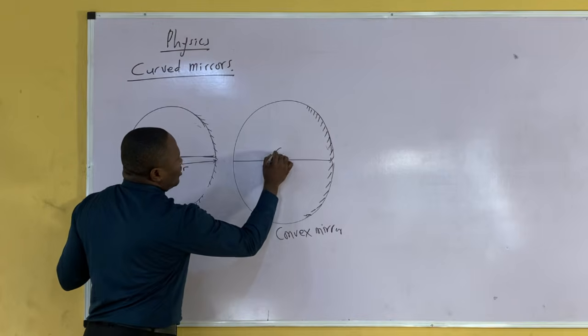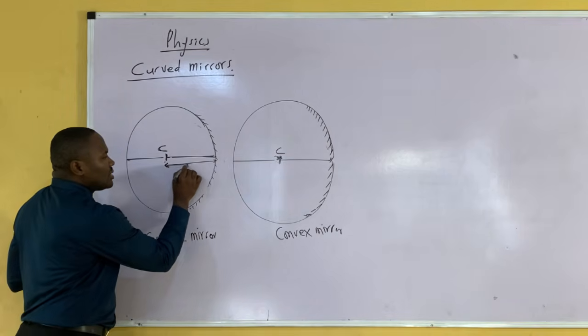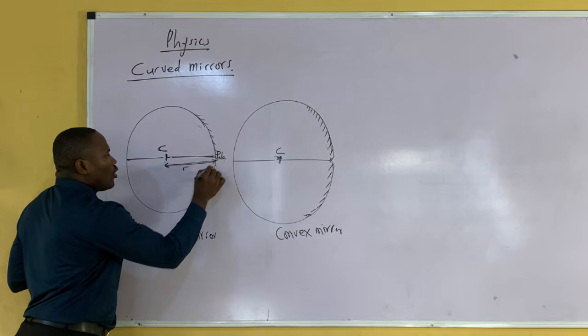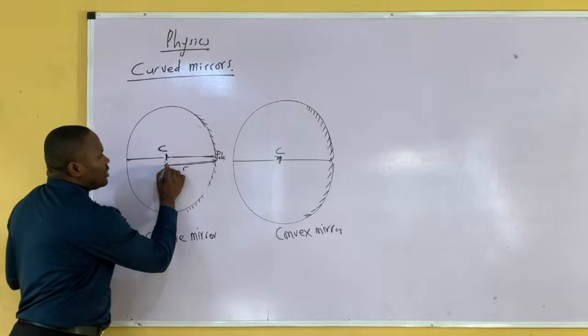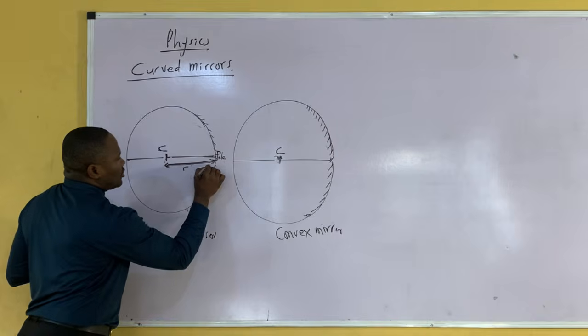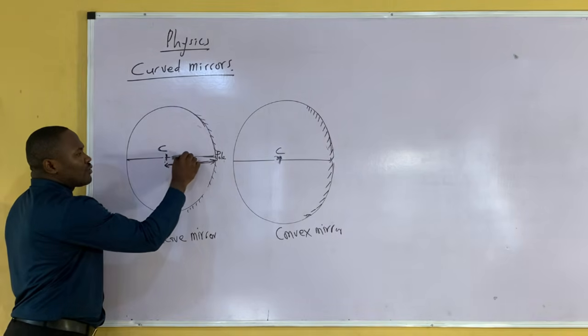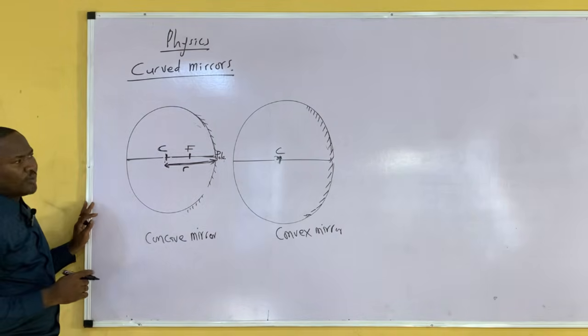Half is called the center of curvature, while the distance from the center of curvature to the pole of the mirror is referred to as the radius of curvature, that's R. But half the center of curvature is called the focus.